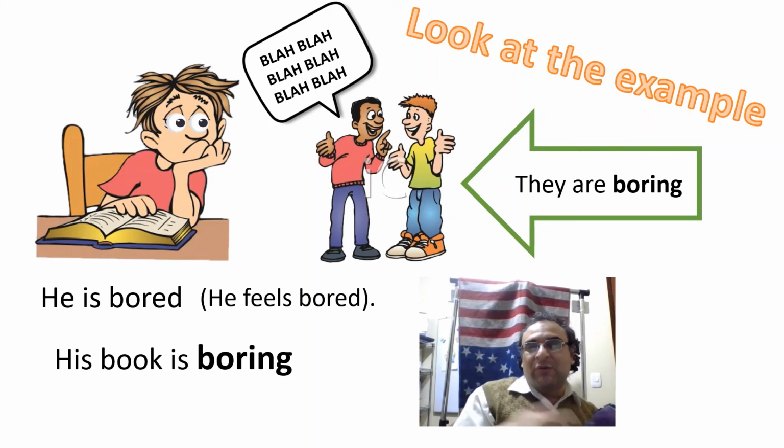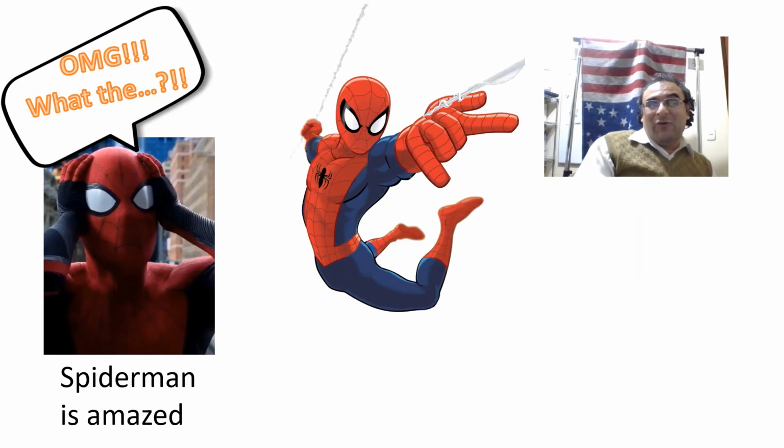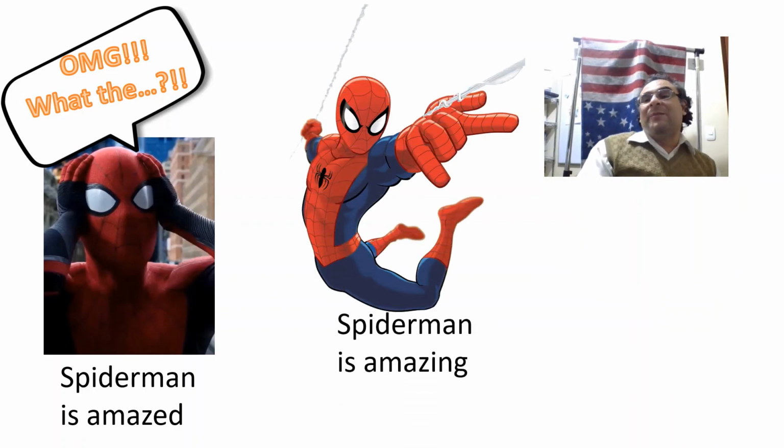So we say the book is boring, those people are boring. Okay, so to finish this video with one more example, no, remember this. It is not the same to say Spider-Man is amazed. It's not the same as to say, well, you know what, Spider-Man is amazing.